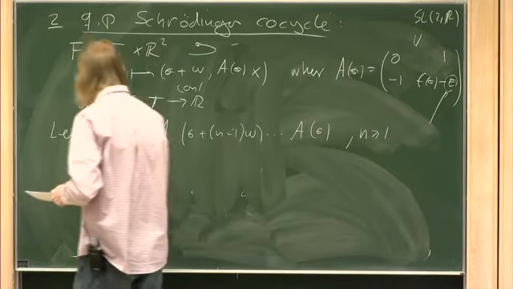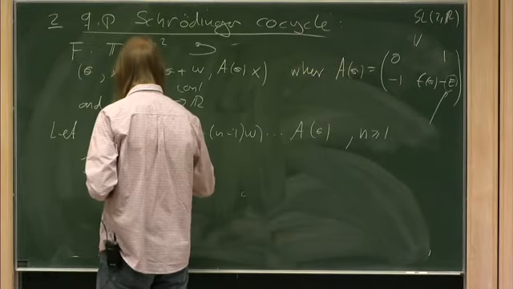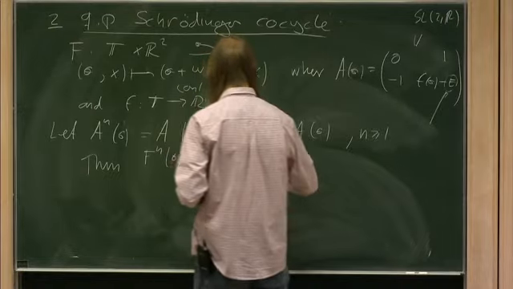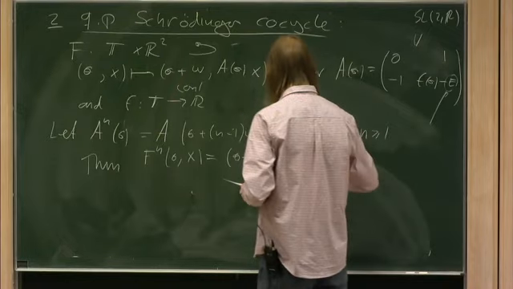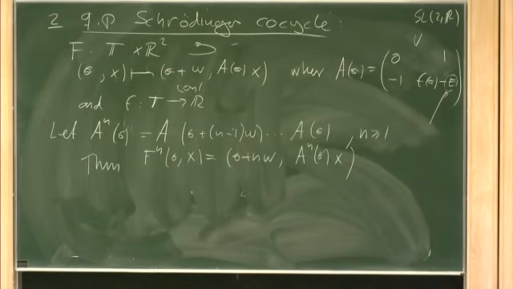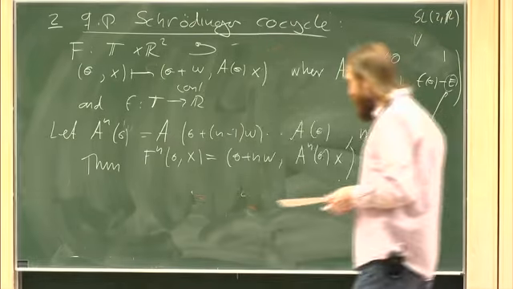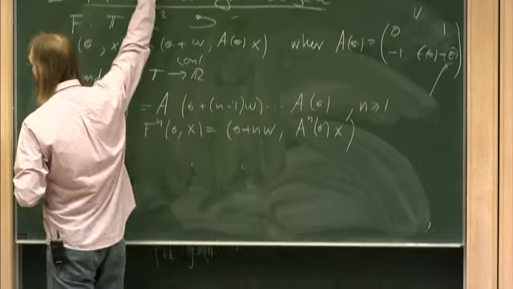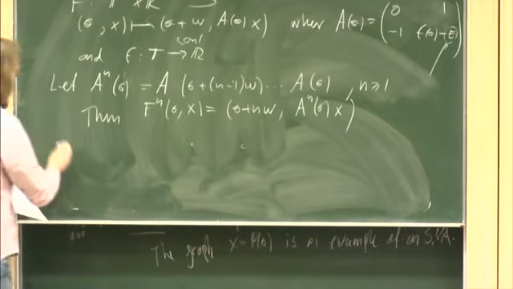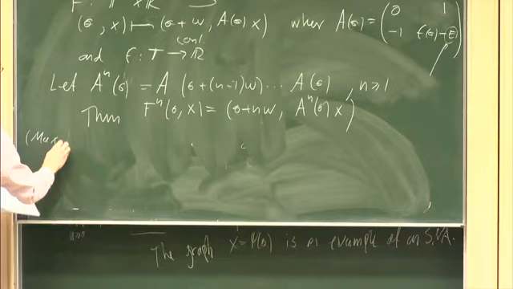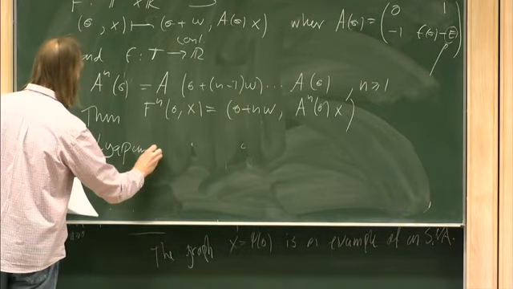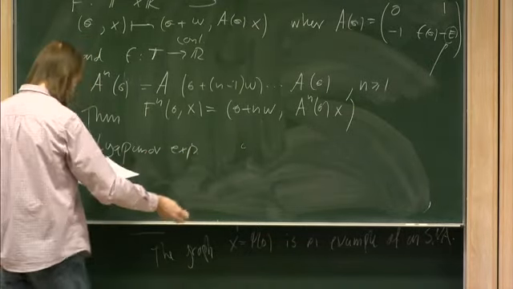So then we know that the nth iterate of (theta, x) is just (theta plus n omega, A_n(theta) x). And then we introduce the Lyapunov exponent, or the maximal Lyapunov exponent. I call it gamma.